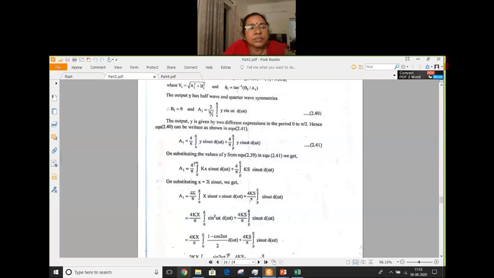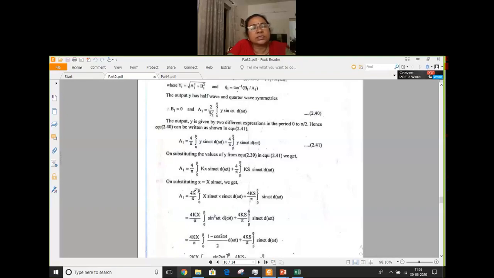From 0 to beta it is y sin omega t d omega t, and from beta to pi by 2 it is y sin omega t d omega t. For 0 to beta, y is kx. From beta to pi by 2, y is ks. Then you do the calculation.